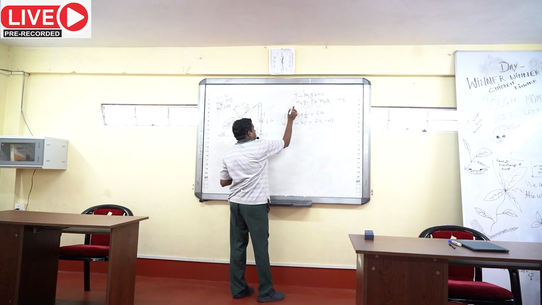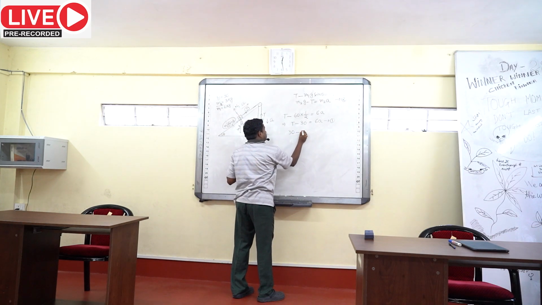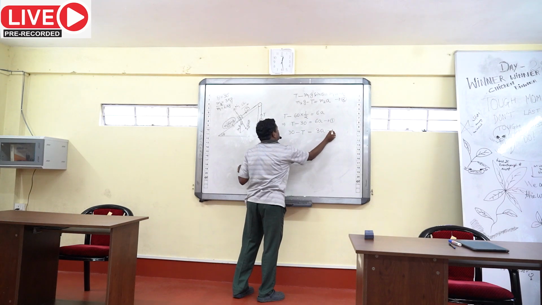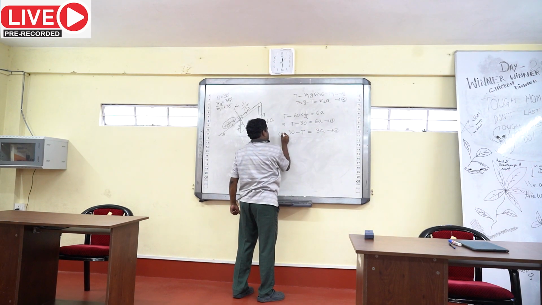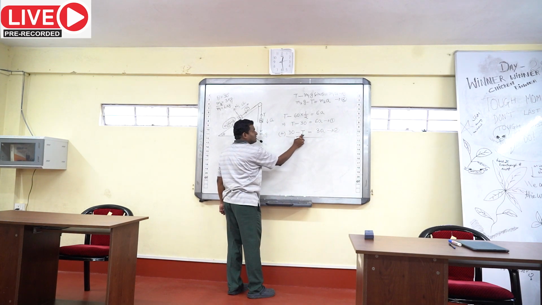Now the second equation. m2 is given 3, so 3 into g means 30 minus T, that equals 3a. This is my second equation. Add these two. Plus T minus T, plus minus 30 plus 30.